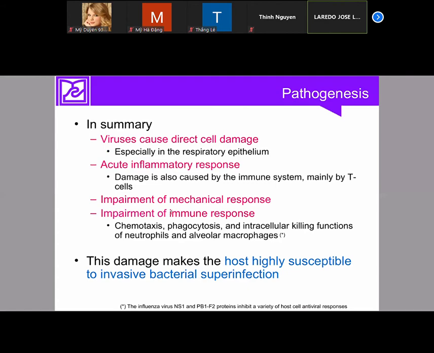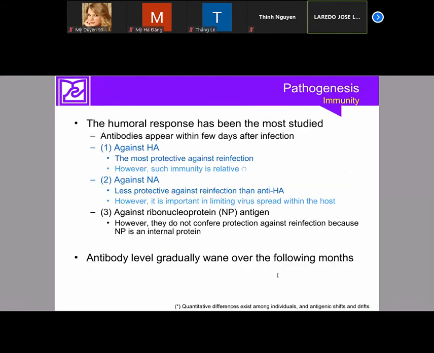And because of this, the immune response against other pathogens is impaired. So this also increases the risk of suffering other infections. So in summary, all this damage makes the host very susceptible to other infections, mostly bacterial infections.